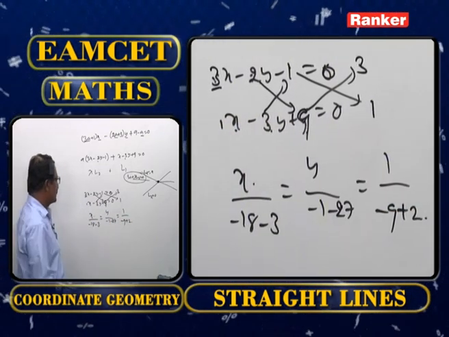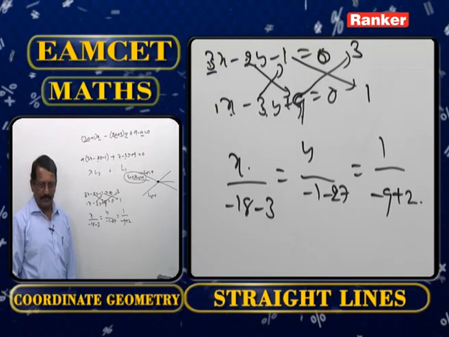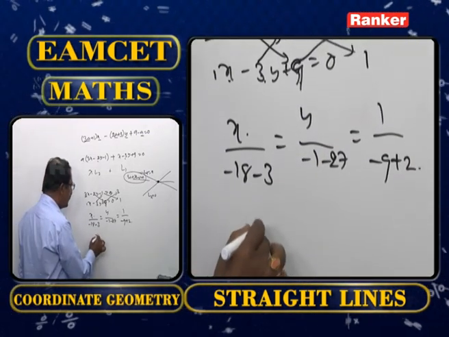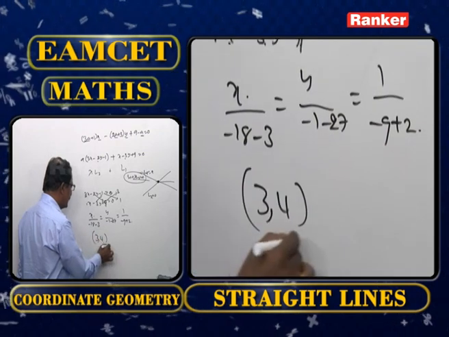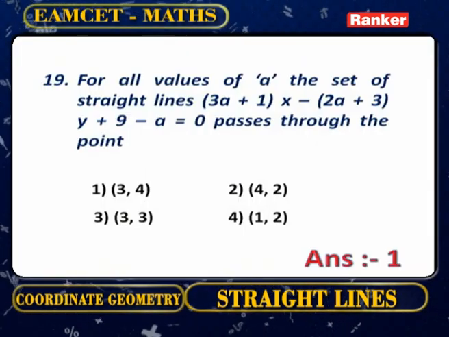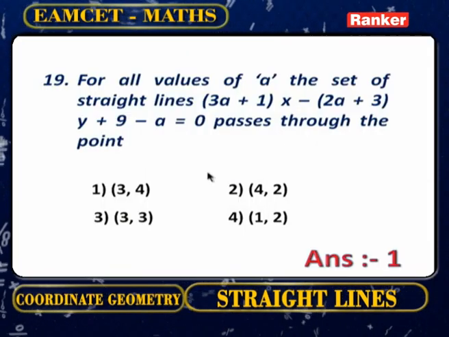Now, equating x and y values, we get 3 comma 4. The required fixed point is 3 comma 4. First option.